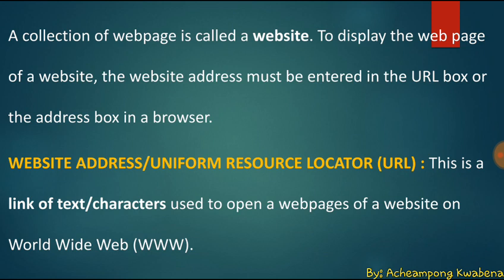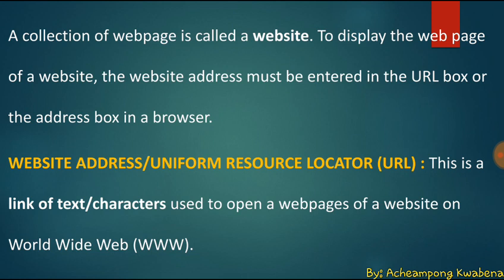In browsers, we have two main boxes that are used to search for information. We have the search box and the URL box or the address box. So the address box is the main place that we type in the Uniform Resource Locator or the website address, which almost always starts with the www. So that's where we type in the website address.